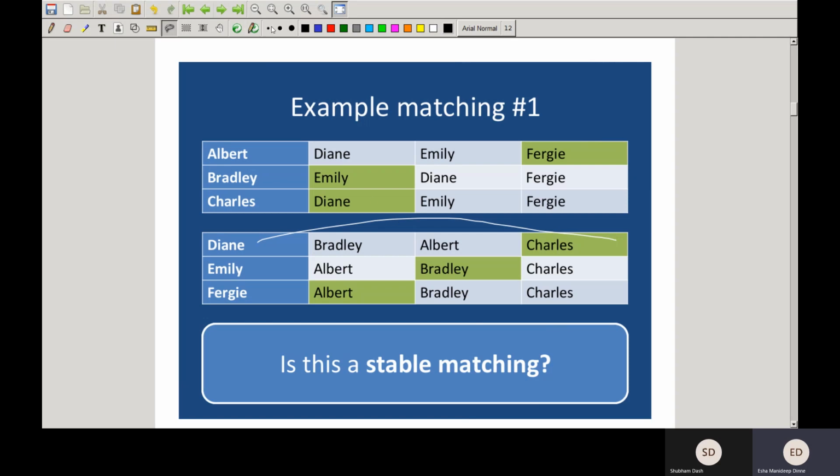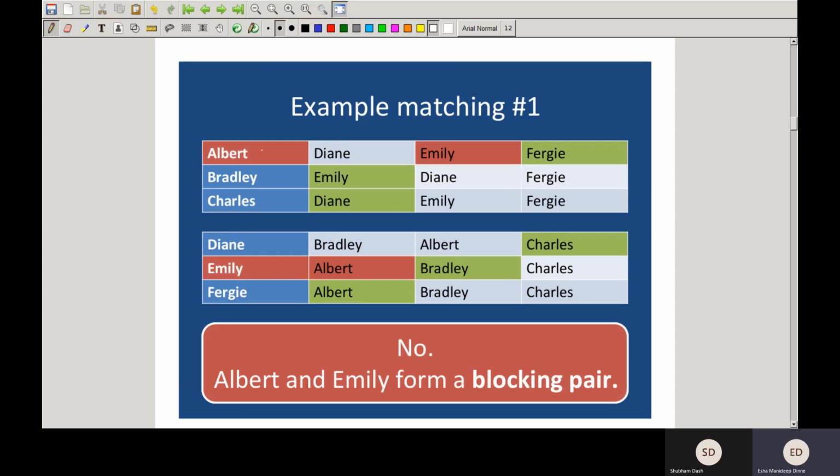In this case, the matched pairs are Albert and Fergie, Bradley and Emily, Charles and Diane. Now look at the pair Albert and Emily. Clearly, they are an unmatched pair because Albert is with Fergie and Emily is with Bradley. But Emily prefers Albert more than her current match, Bradley.